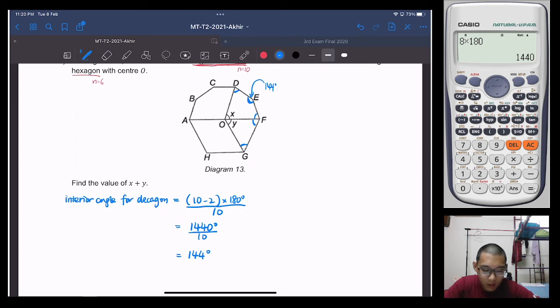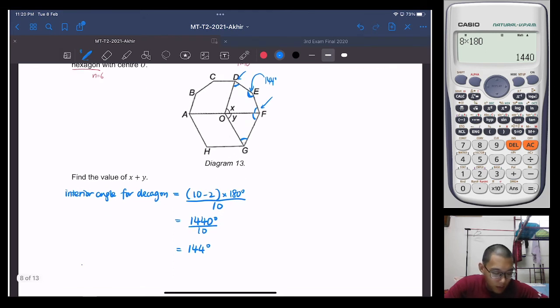Next, how much for here and here? Angle for this one, angle for EDO. Please write down the label, the name, correctly in a proper way. Don't just use angle D, angle F. Okay, angle, what is this?